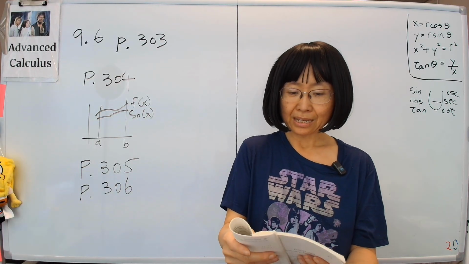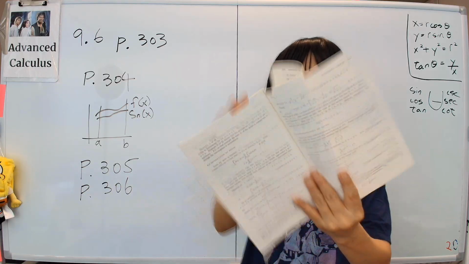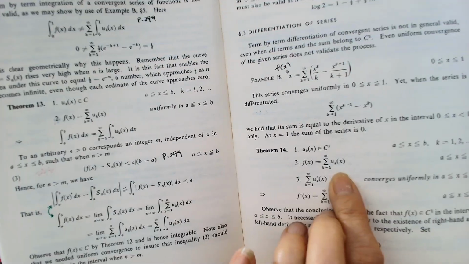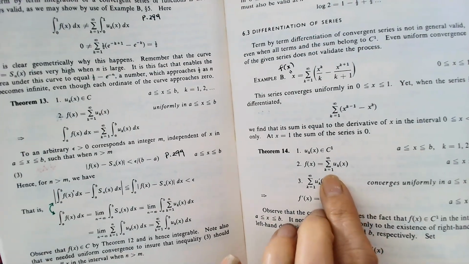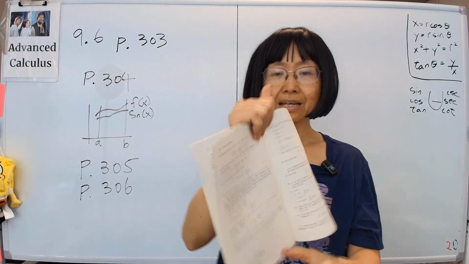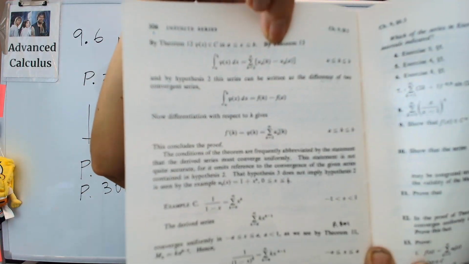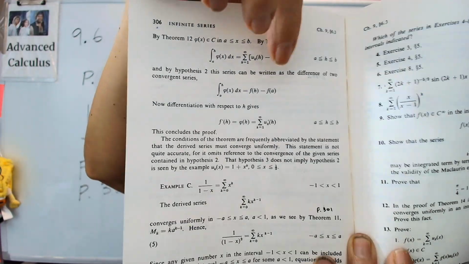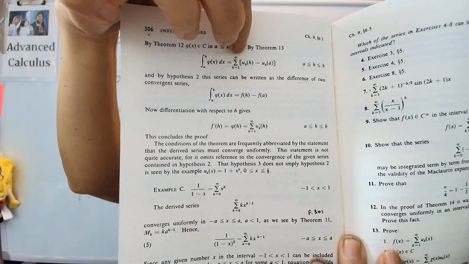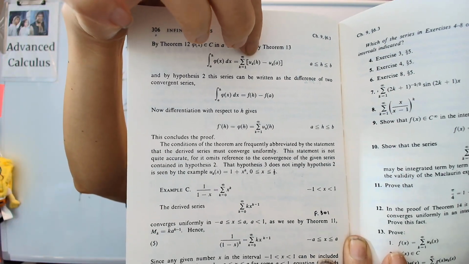Now the next part is that this f of x is, by hypothesis 2 on the previous page, equal to the sum of u_k of x, and this thing converges, so we can rewrite these things as these two things here. We can break up the summation because of the definition of partial sums.